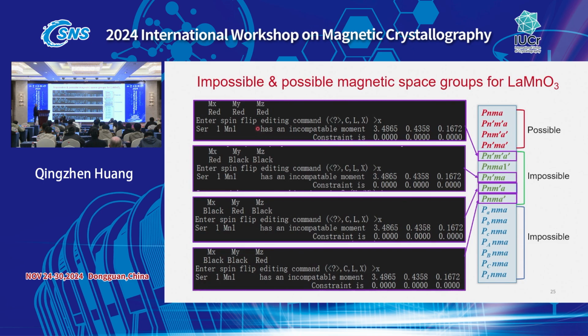have no order. And also for the red and black one, PM prime, M prime, M, A, the same thing happens. There's no magnetic moment allowed here.